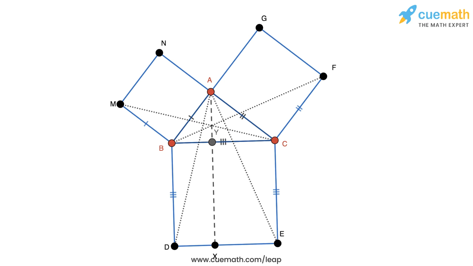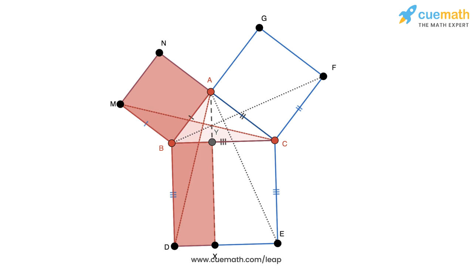Now here's how we proceeded. First we compared triangle MBC with triangle ABD, and we showed that these two triangles are congruent. From this fact, it followed that the area of square ABMN would be equal to the area of the rectangle BYXD. So this was one part of our solution.